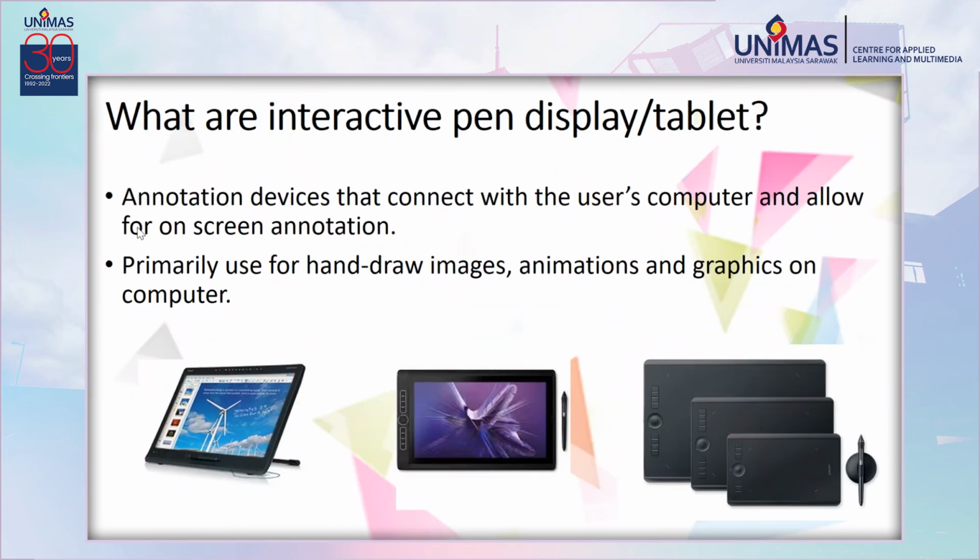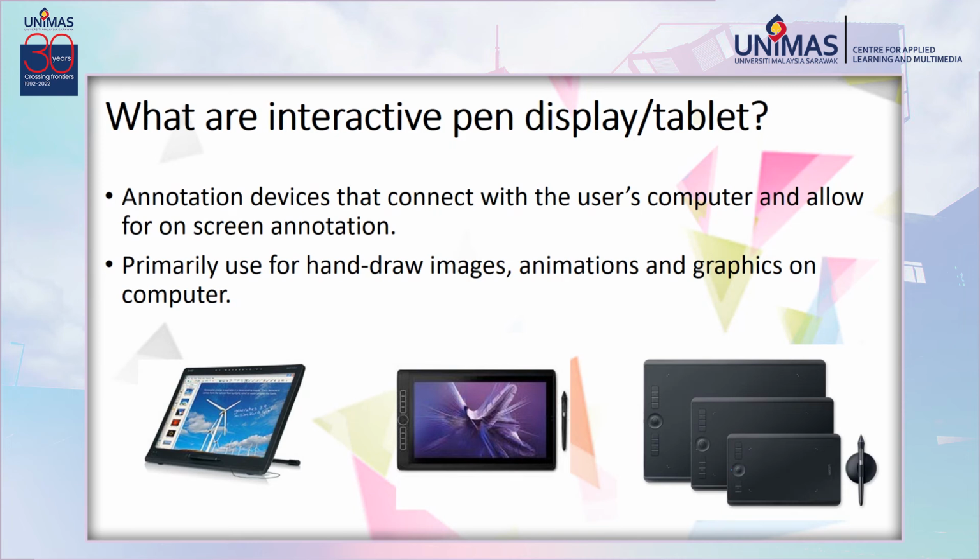So basically, what are interactive pens or devices or tablets? They are annotation devices that connect with the user's computer and allow for on-screen annotation. If you have seen this before, this is already in our DK, in our billet tutorial, where you can use a pen or stylus to write on the screen, and it will mimic something like a blackboard or virtual blackboard in our BT or DK.